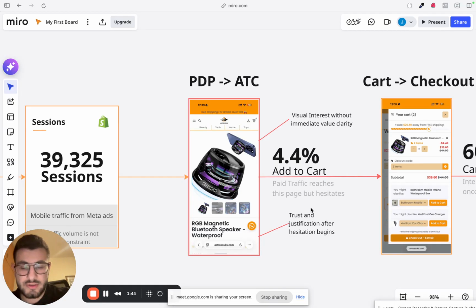The add to cart rate in your store is 4.4, which is a bit low. We took as an example one of your PDPs, the RGB magnetic Bluetooth speaker. First of all, we have visual interest without immediate value clarity.